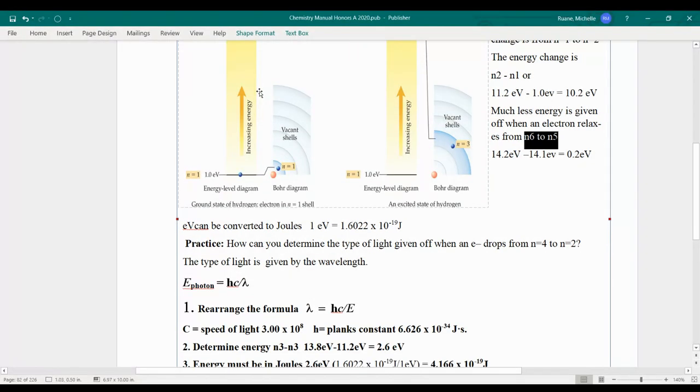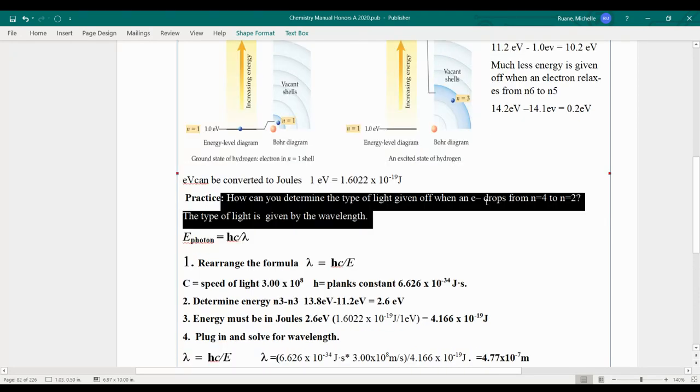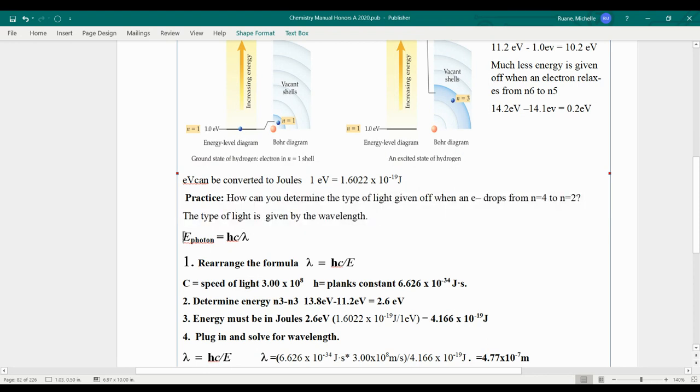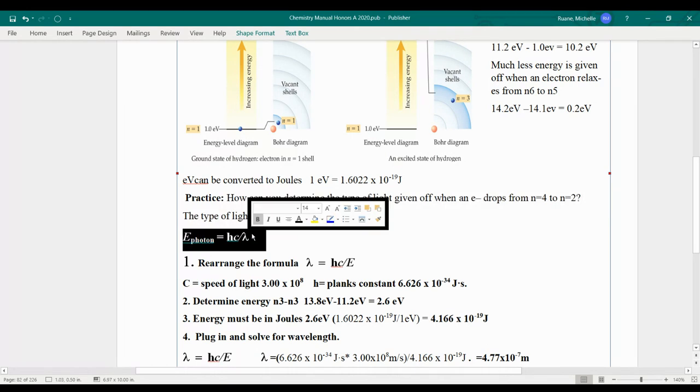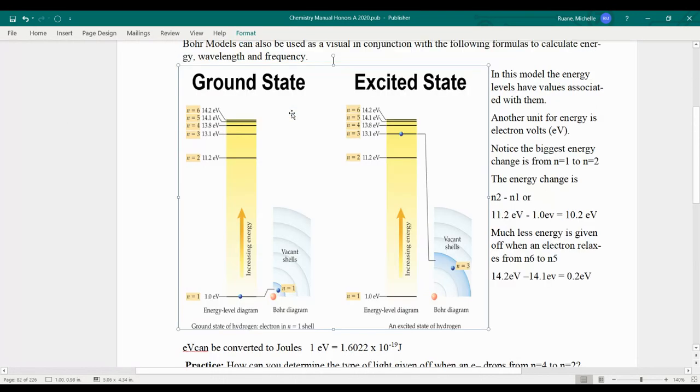So how can you determine the type of light that's given off when an electron drops from N2 to N4? This is a complicated problem. First of all, we need to find out the type of light, and we can find that from our wavelength, okay? And we have this equation. We can figure out the energy of a photon using this model up here, but it's in electronvolts.